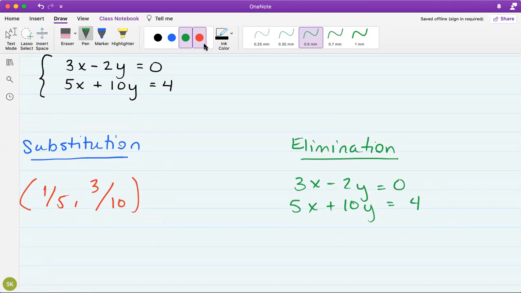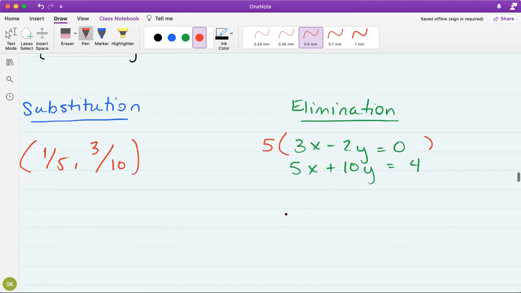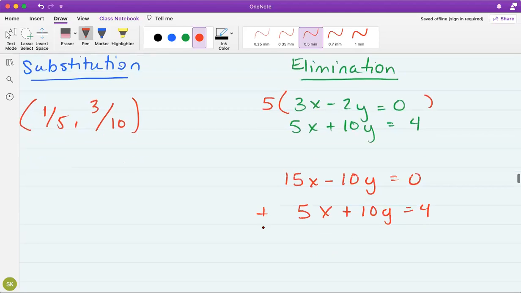But if I multiply the top equation by 5, I'll get a negative 10y. So let's do that. We get 15x minus 10y is equal to 0. And I get 5x plus 10y is equal to 4. Add these two together. We get 20x is equal to 4.